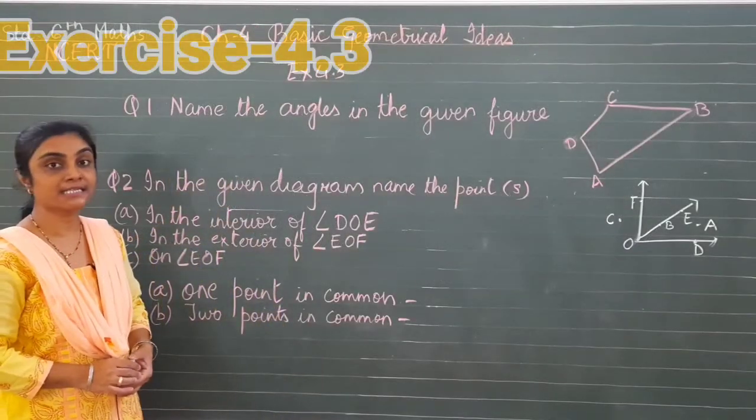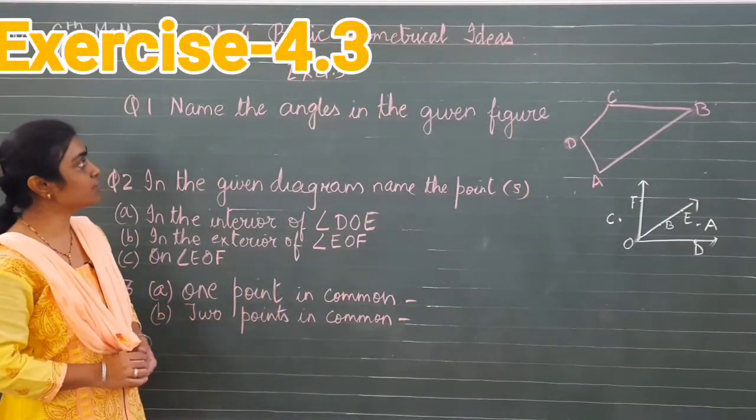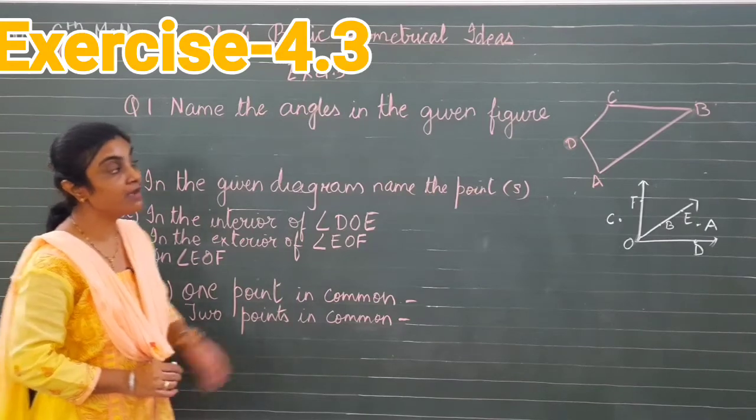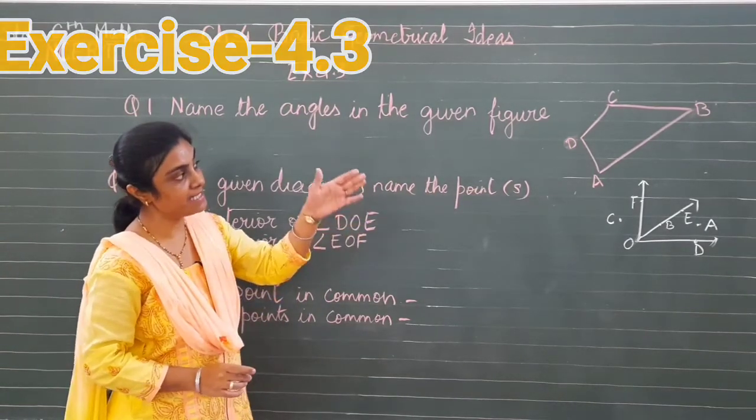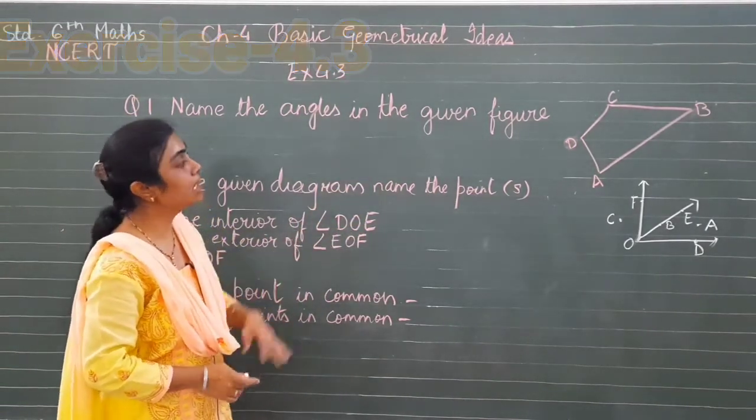Now we will see exercise 4.3. First question: name the angles in the figure. A figure is given, A, B, C, D. Now we have to write down the angles.